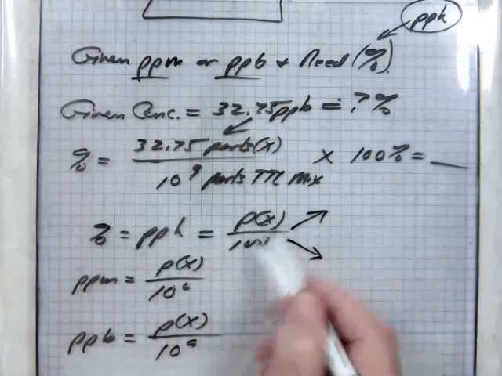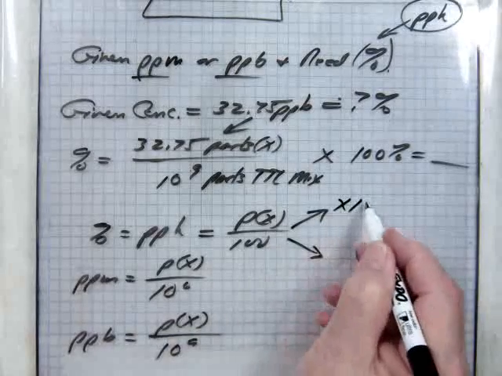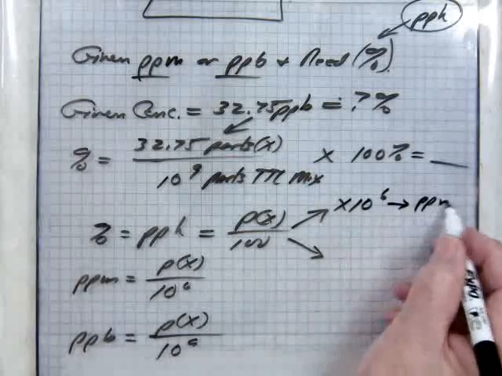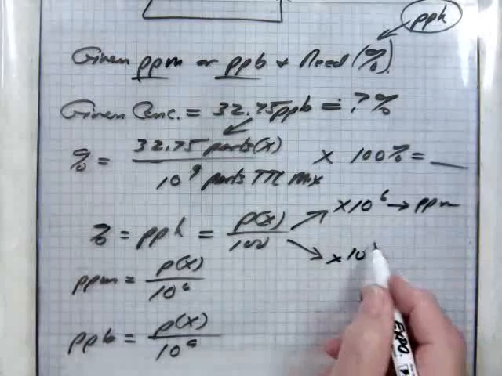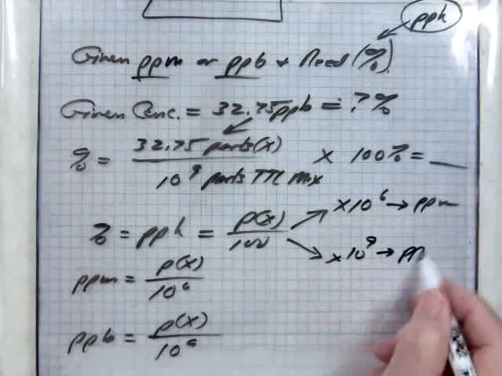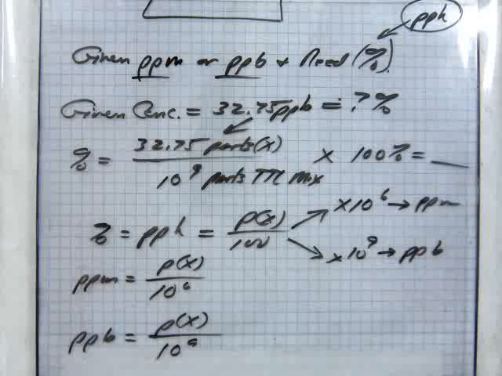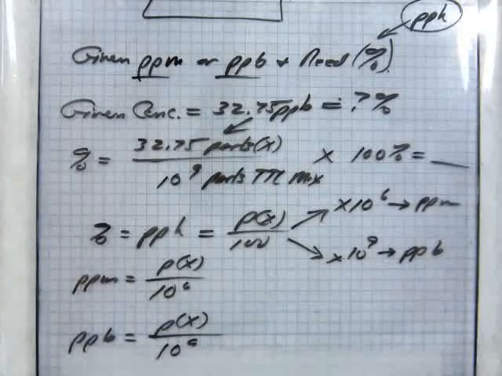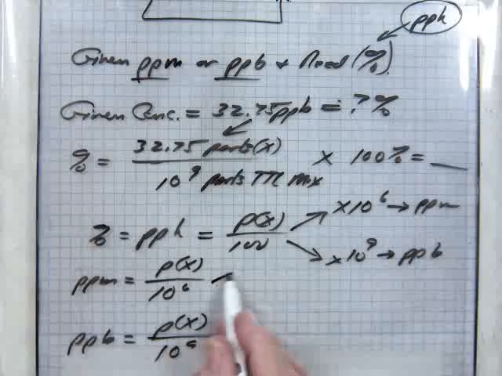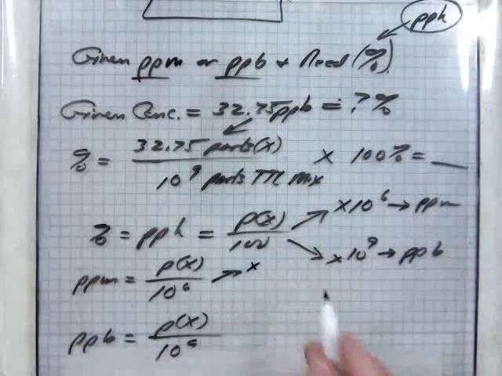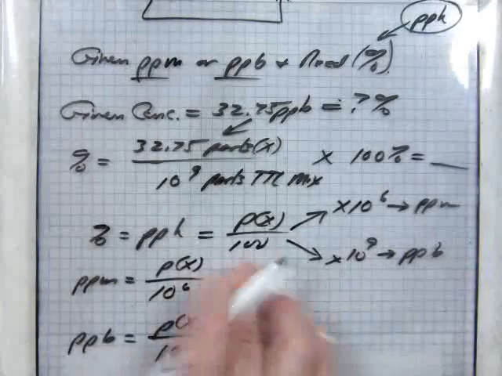You take that part per 100 times 10 to the 6th, and that'll give you parts per million, or times 10 to the 9th to give you parts per billion by weight. You see what I'm doing? I'm just taking the data given in percentage and multiplying it times whatever I want to go to.